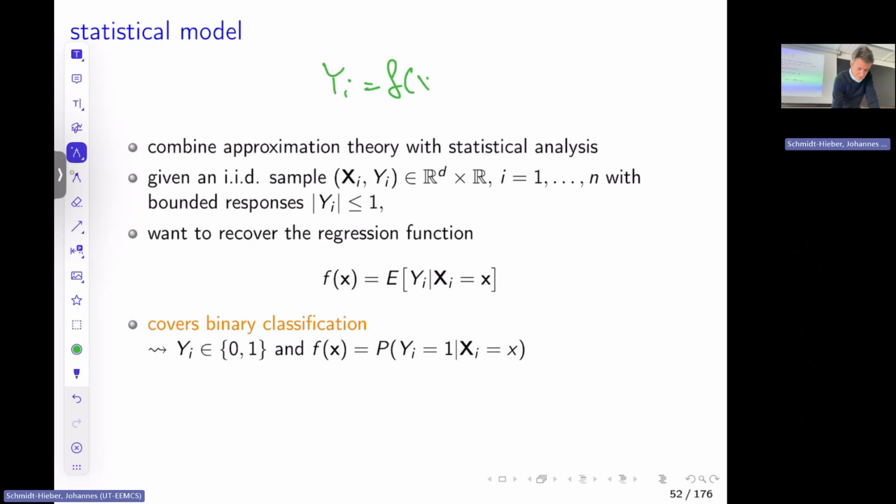If you have xi, and then independently sampled noise, say from a standard normal, and you work out the expectation of yi given xi, then you stick in the sum, and the expectation of epsilon i does not depend on xi and has mean 0, so that drops out, and you get exactly f of x back. So that also has the property.